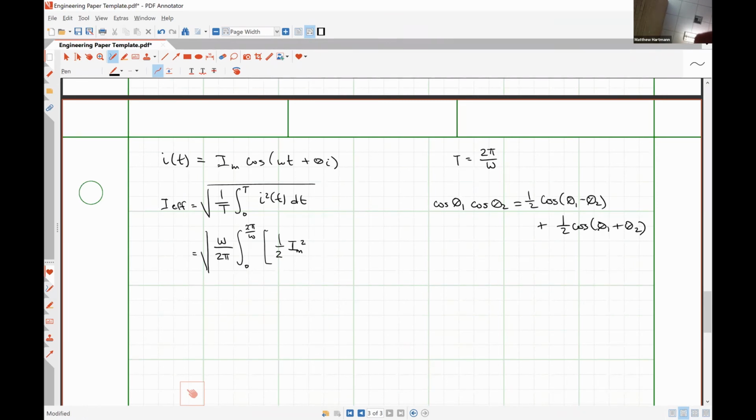So those guys are going to cancel each other out. Cosine of 0 is 1, so everything's hunky-dory there. Plus 1/2 Im squared cosine of twice omega t plus twice theta I, dt. All right. So we can split this up into two integrals.